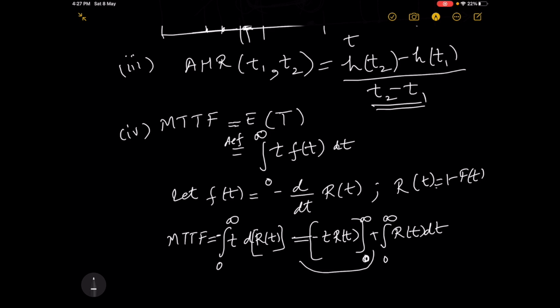It is 0 here, it's fine. But it is 0 because at the upper limit also, since the system, as I said just now, must fail after a finite amount of operating time. Therefore, we must always have t times Rt converging to 0 as t becomes very large.